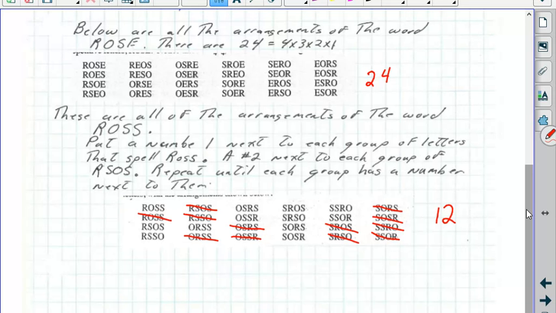There are basically 12 distinct, completely different arrangements of the word ROSS. So we can't use 4 times 3 times 2 times 1 like we could for ROSE. That would give us 24.